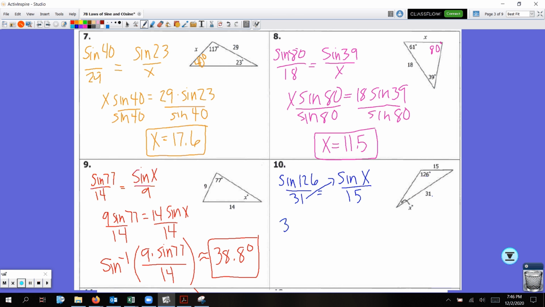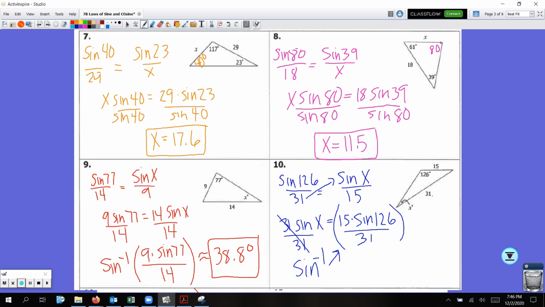So 31 times sine x is equal to 15 times sine 126. Divide both sides by 31, because we're trying to get sine x by itself. And this is what we put in our calculators. Inverse sine first, so inverse sine of this quotient.